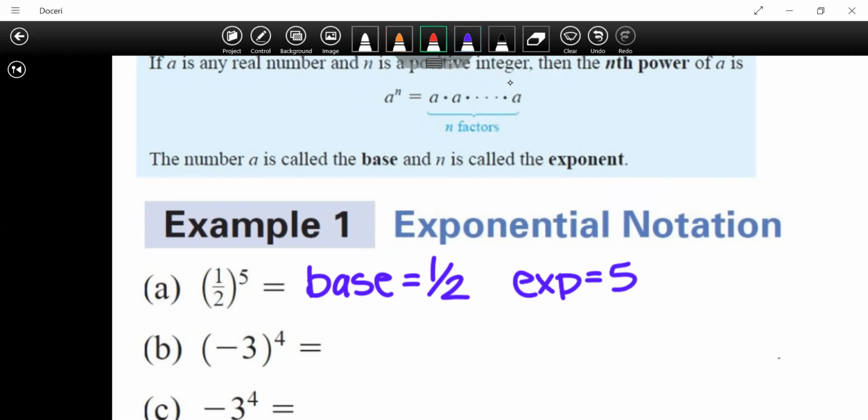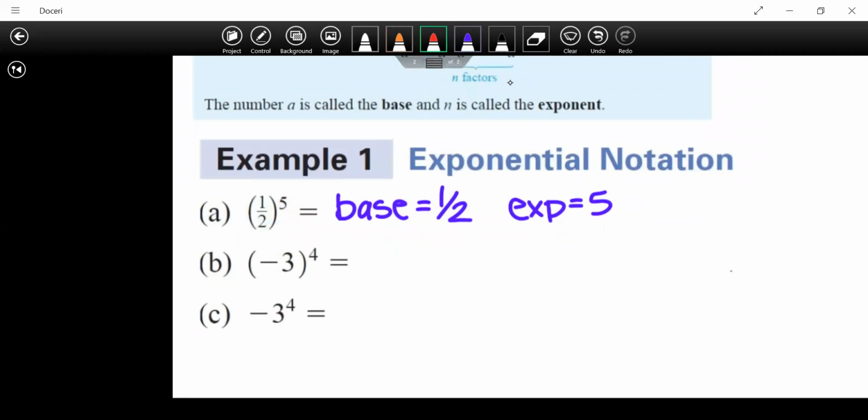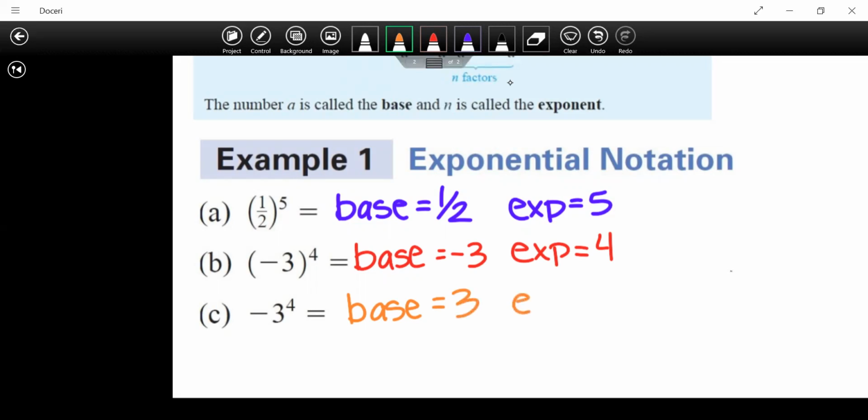That's all we're going to do for these ones. For other ones, our base number is going to be -3, and our exponent will be 4. Then our final one, surprisingly, our base number here is 3, and our exponent is 4.